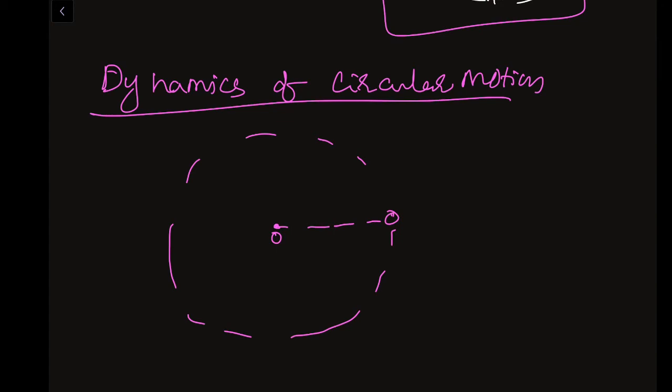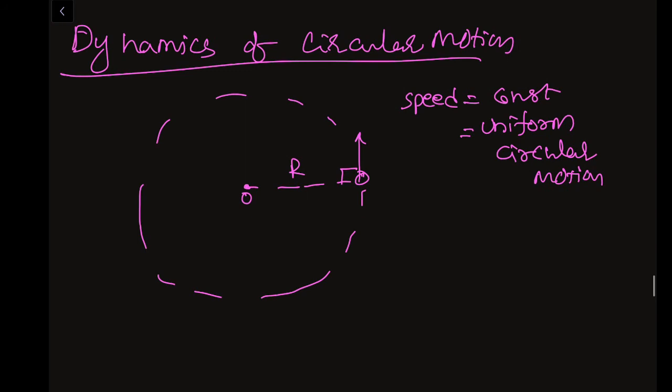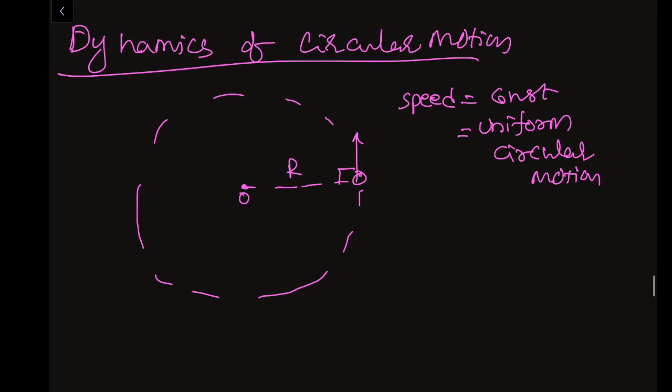In this case, velocity is always tangential. If the speed is constant, we call it uniform circular motion. If the body moves in circular motion, two forces are acting.